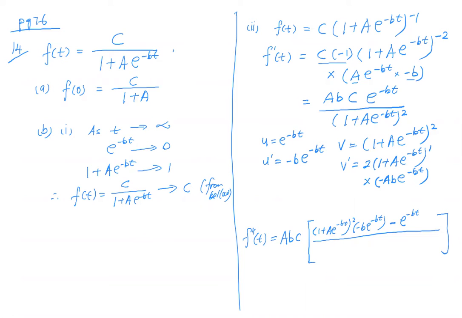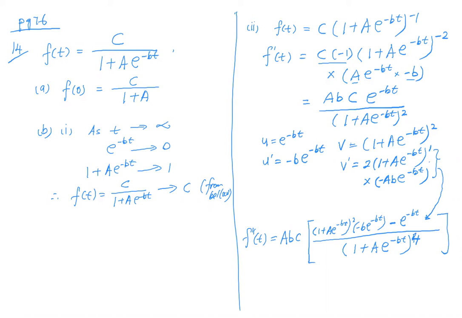V prime is this whole thing. You write into here. I have no space, so I don't write. Okay, then divide by v squared. Power 2 becomes power 4.